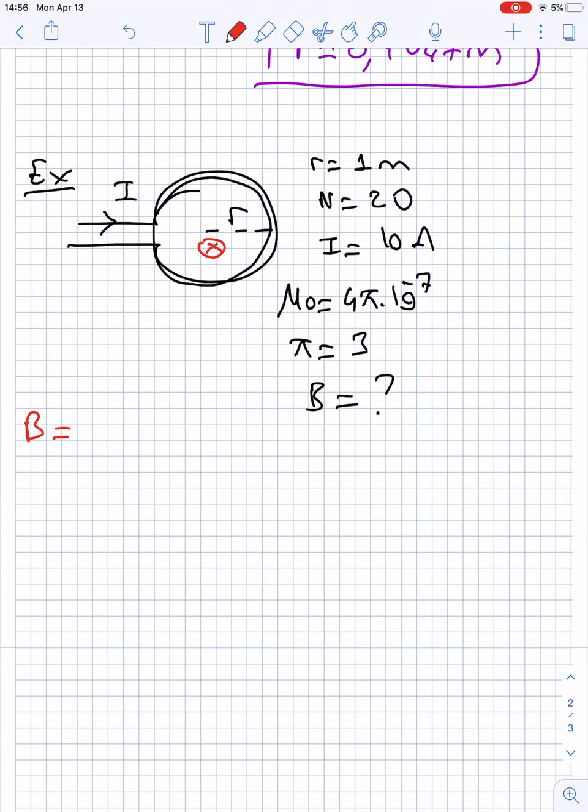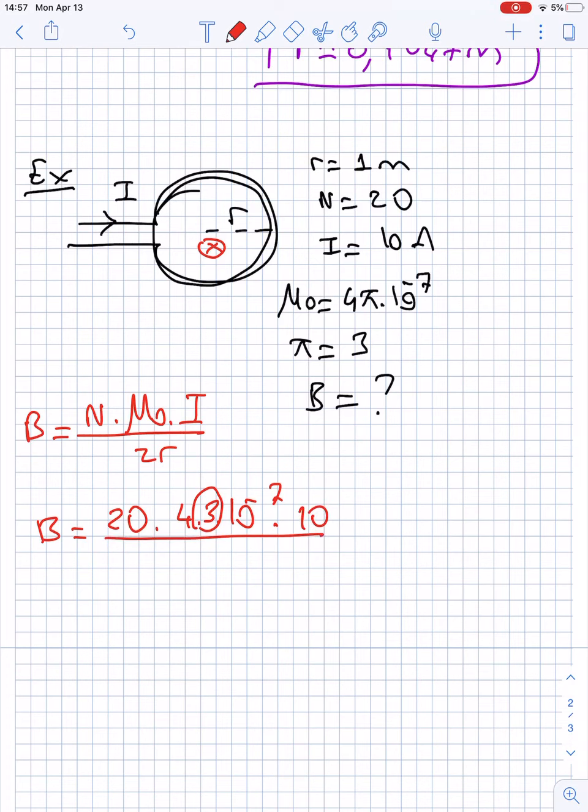Okay, B is equal to N times mu 0 and current over 2R. B we don't know, N is 20, mu 0 is 4 times 3 times 10 to the minus 7. Here it is pi. And current is how much?